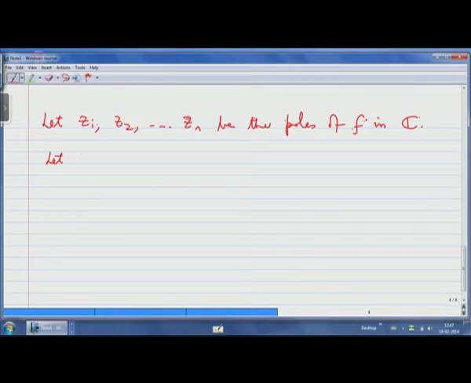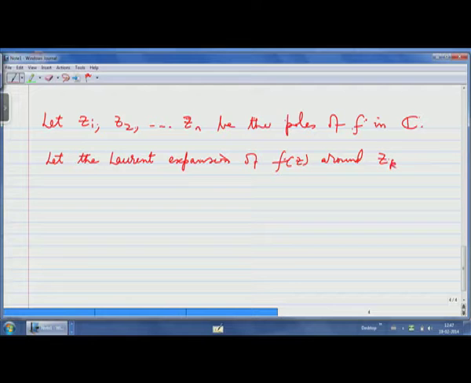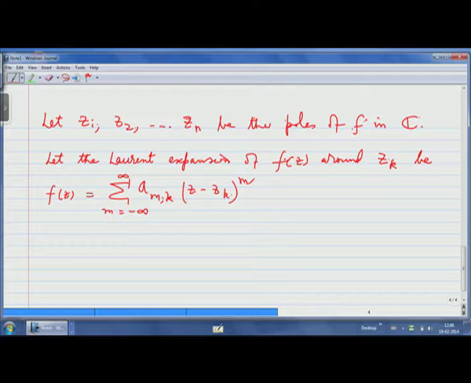So let the Laurent expansion of f of z around zk be f of z equal to the sum over m from minus infinity to plus infinity, and I will call the coefficients a m k, of z minus zk to the power of m. This will be the Laurent expansion.